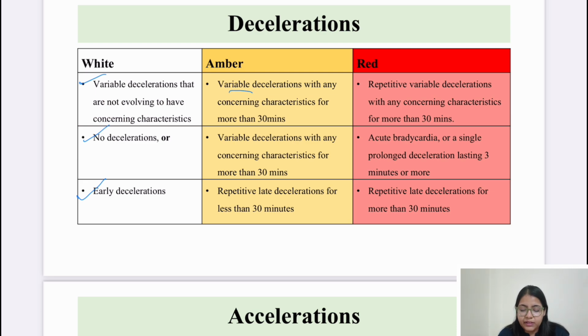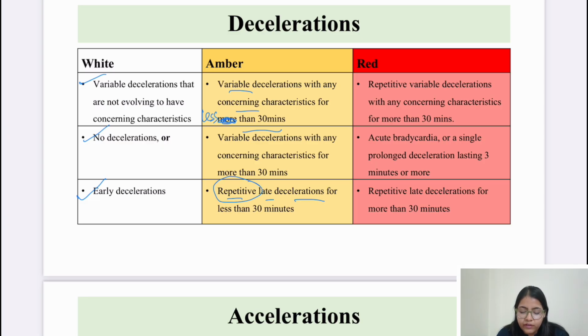If there is variable deceleration with concerning characteristics for more than 30 minutes. Okay, sorry, it will be less than 30 minutes. If it is less than 30 minutes, or if there is repetitive late deceleration.